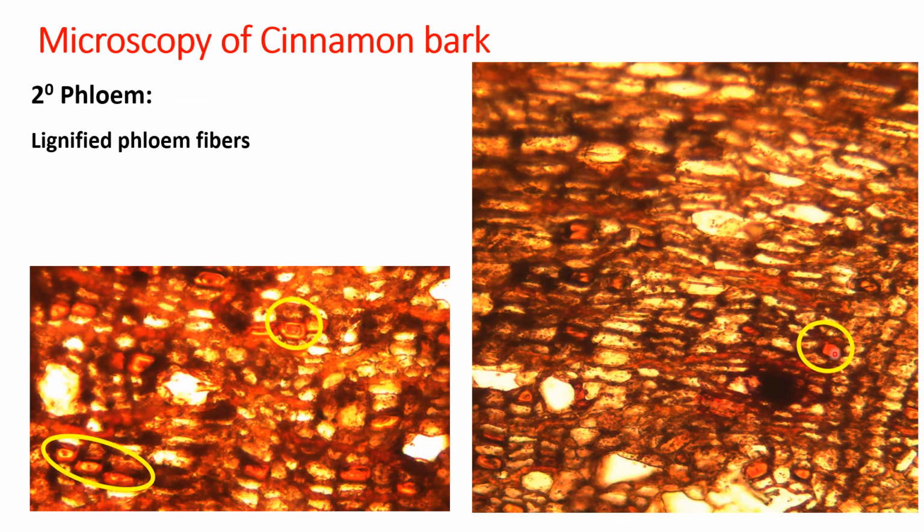So you can see here the red color cells which have been highlighted by yellow rings, these are called phloem fibers. Now what is the function of phloem fiber? Fibers are always providing flexible mechanical support. Remember, stone cells are providing rigid mechanical support, whereas all the fibers are providing flexible mechanical support.